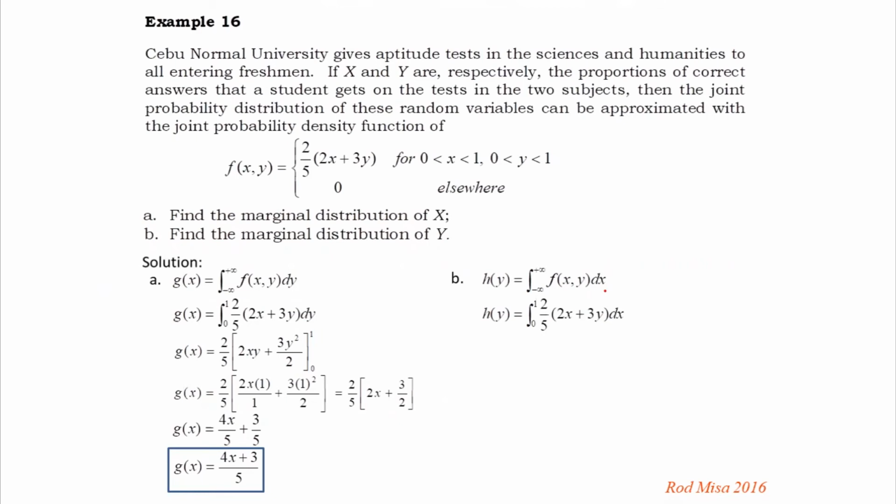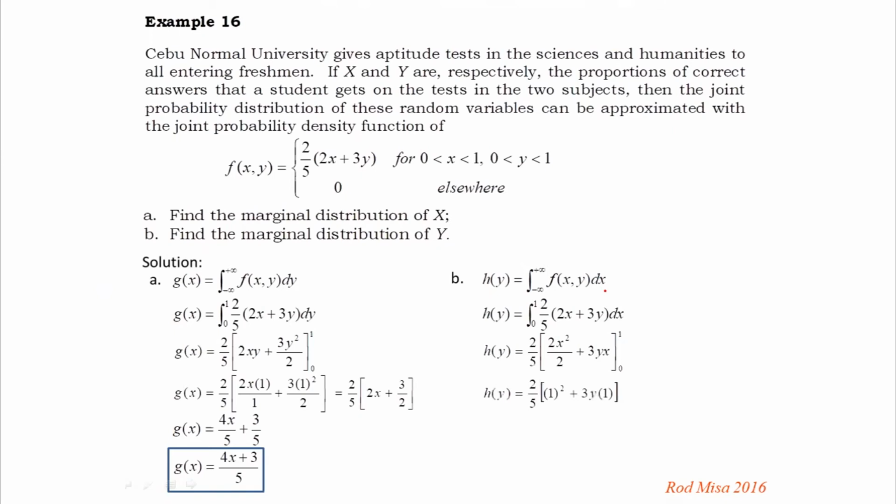And this will be integrated with respect to x from 0 to 1, because our random variable x is from 0 to 1. So integrating 2x with respect to x, we have 2x squared over 2. And the integral of 3y with respect to x is 3yx, since y there is treated like a constant because the variable of integration is x.